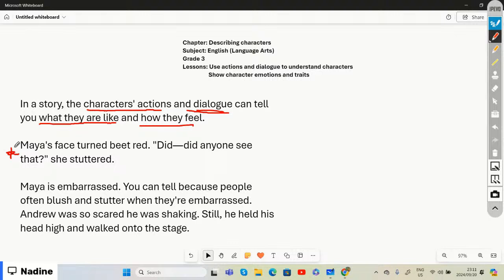So if we look at what that person had said, if somebody turns red, let's say we say something or we do something and now the person's face turns red. What do you think that means? If somebody's face just turns red.